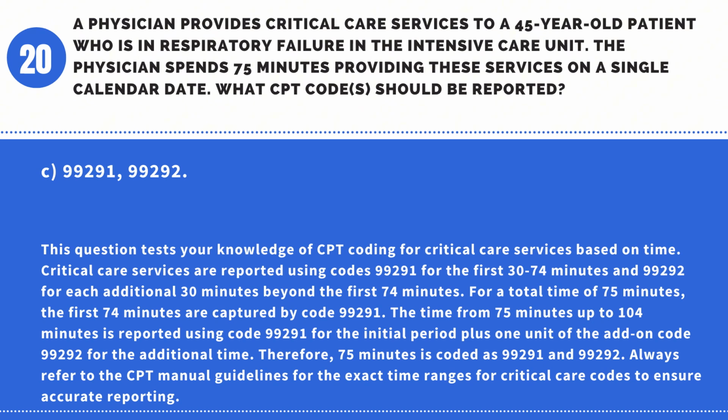My initial interpretation of the ranges was slightly off. The correct coding for 75 minutes is indeed 99291 and 99292. Remember to check the specific time ranges defined in the CPT manual for time-based codes like critical care.